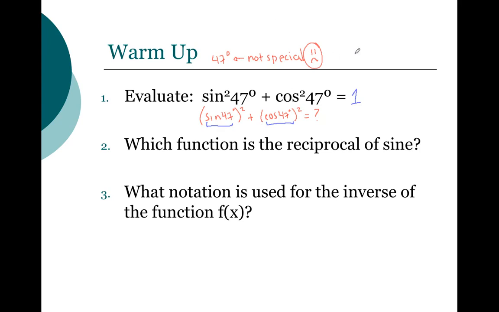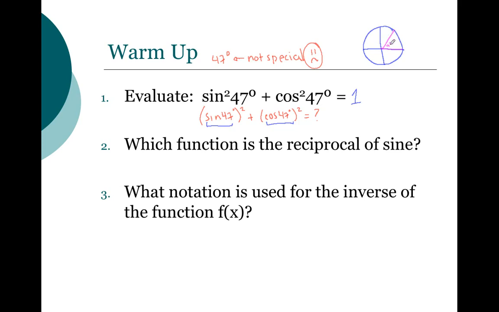So let's think about this a little bit closer. We've got our handy unit circle. We start right about on that positive x-axis, right? Like you start here, and I just want you to approximate, right? There's 47 degrees.